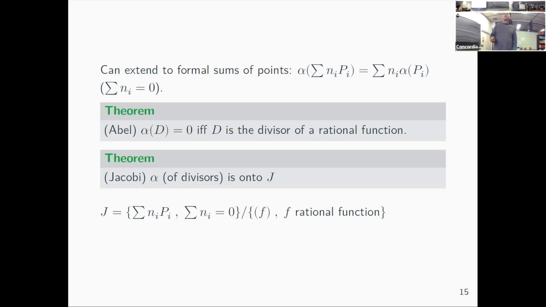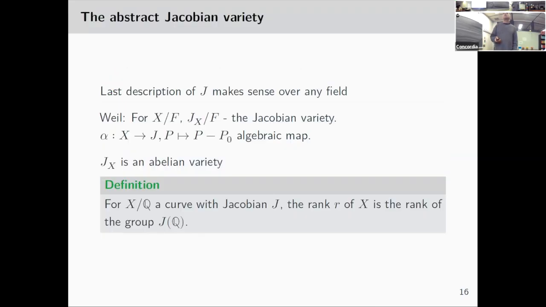And so that means that you can write this J as formal sums of points mod the divisors of rational functions, and that's when you can say, okay, now this has nothing to do with the complex numbers, and so I can do this over any field.